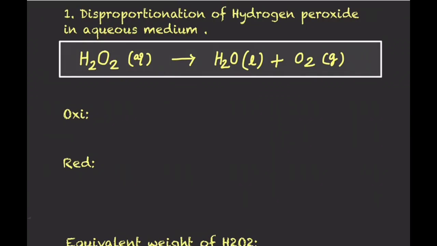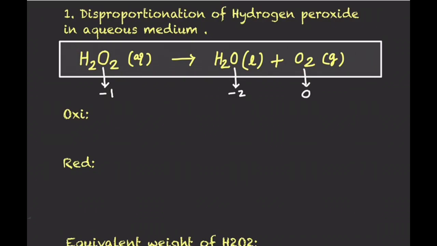For this reaction we can see that the same element in H2O2, that is oxygen, is in -1 oxidation state and it is converted into H2O. So oxygen from -1 is going to -2, and in O2 oxygen is going to 0 oxidation state.